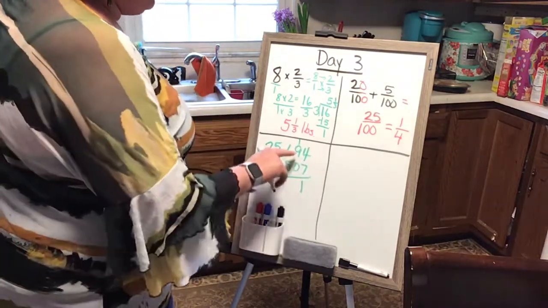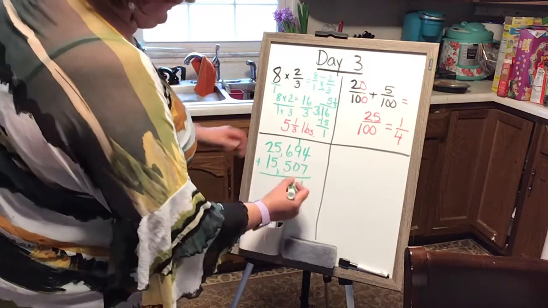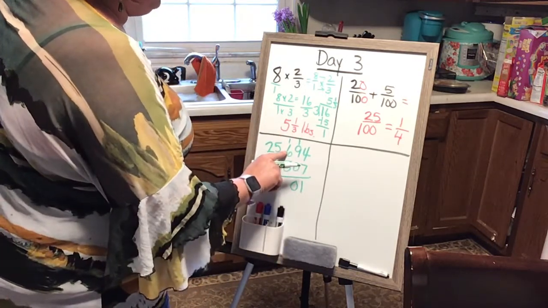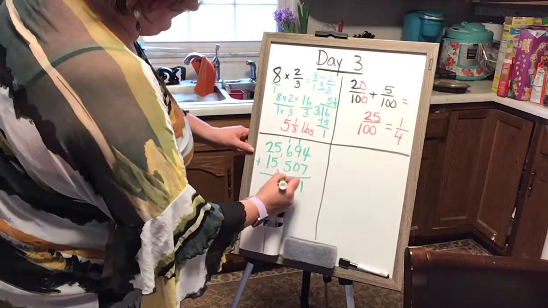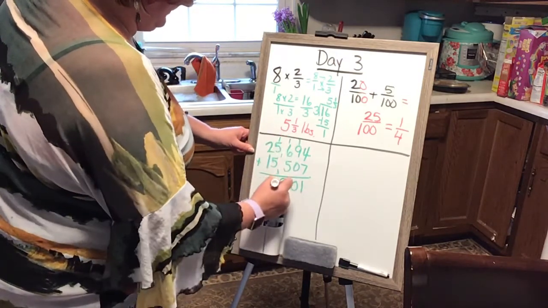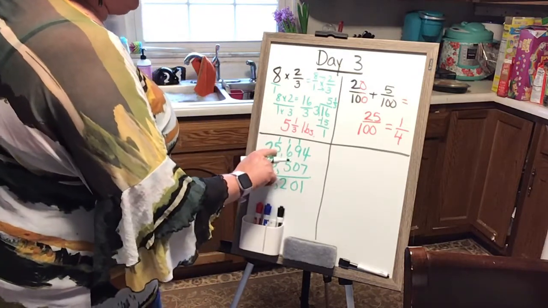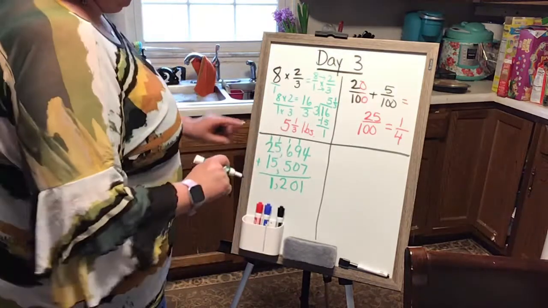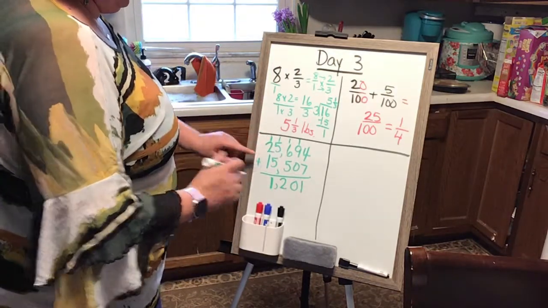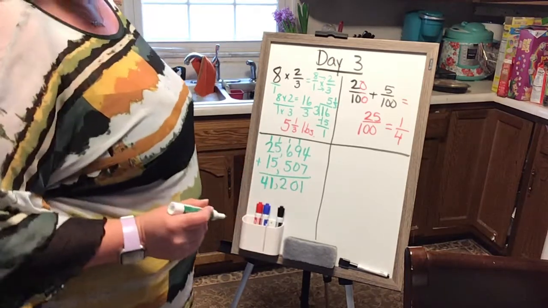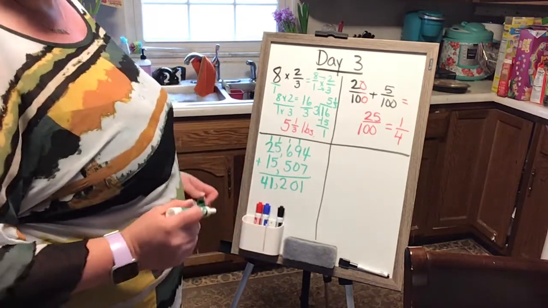Carry my 1. 1 plus 9 plus 0 is 10. 1 plus 6 is 7, plus 5 is 12. 1 plus 5 is 6, and 6 plus 5 is 11. 1 plus 2 is 3, and 3 plus 1 is 4. So my answer is 41,201.